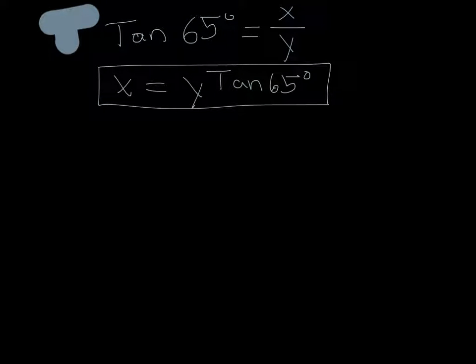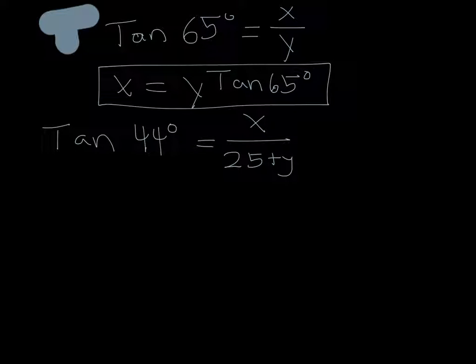Go to the other triangle. The other triangle is also tangent. We can write the relationship. The tangent of 44 degrees is equal to that opposite x over 25 plus y. Now remember, if we're eliminating a denominator, we are multiplying both sides through by that denominator.